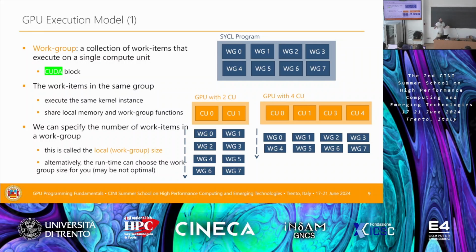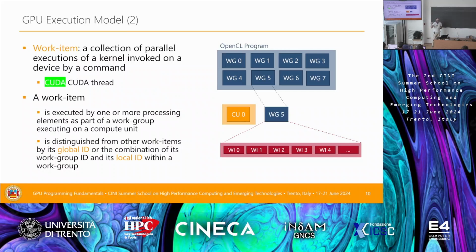So the idea is that we have a lot of work, which are these work items. The work items are organized in work groups, and each work group runs on a specific compute unit. Let's say the minimum amount of work we do is the work item.